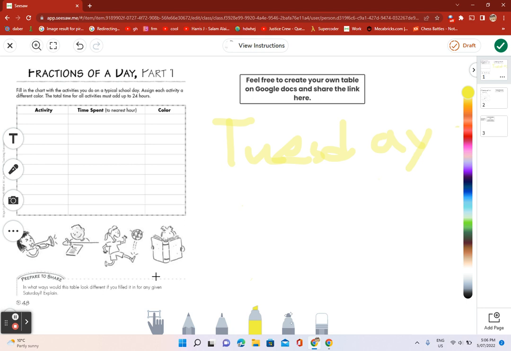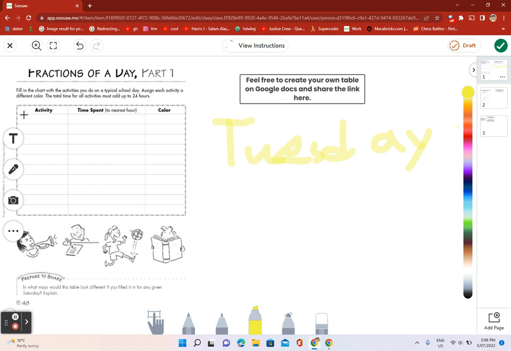Waking up, brushing my teeth, eating breakfast, and then coming to school would take, well, of course it wouldn't be an hour long, because I don't wake up at 7 a.m. No, I don't wake up at 8 a.m. because my school starts at 9. So it says time spent to the nearest hour.